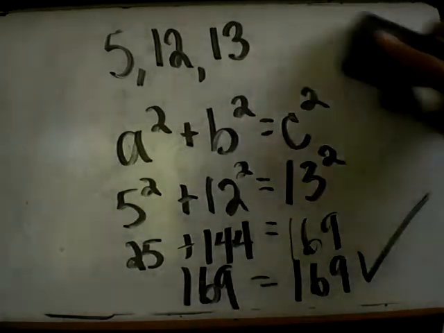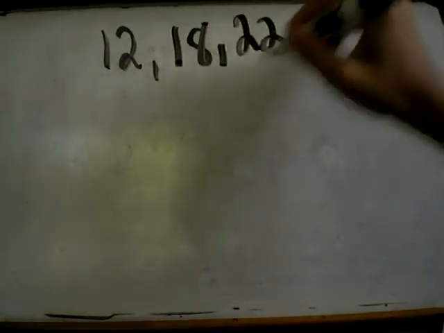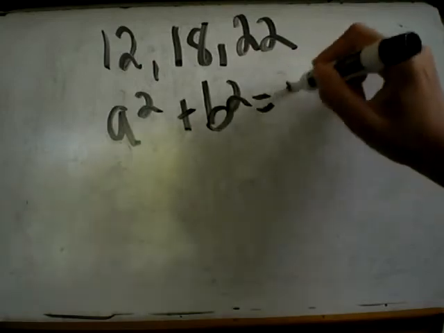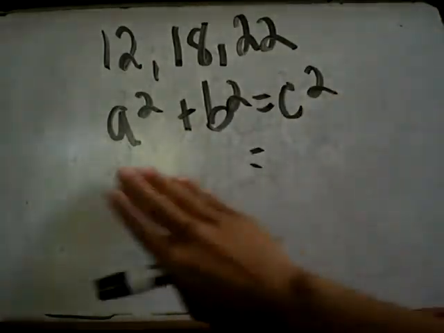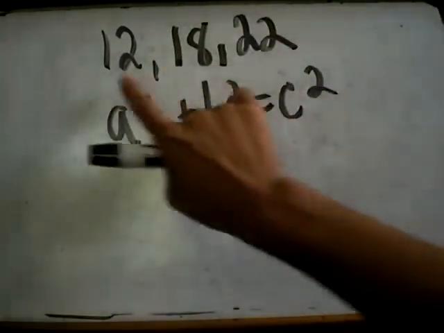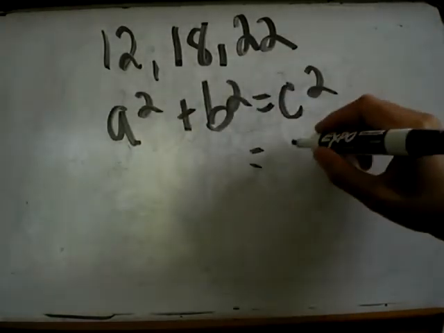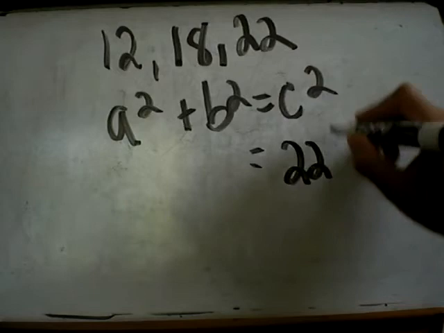Now let's do another one like that. We've got 12, 18, and 22. Here's our Pythagorean theorem: A squared plus B squared equals C squared. What can we plug in? Well, we can definitely plug in 22 for C, since that's the longest side, so 22 squared.